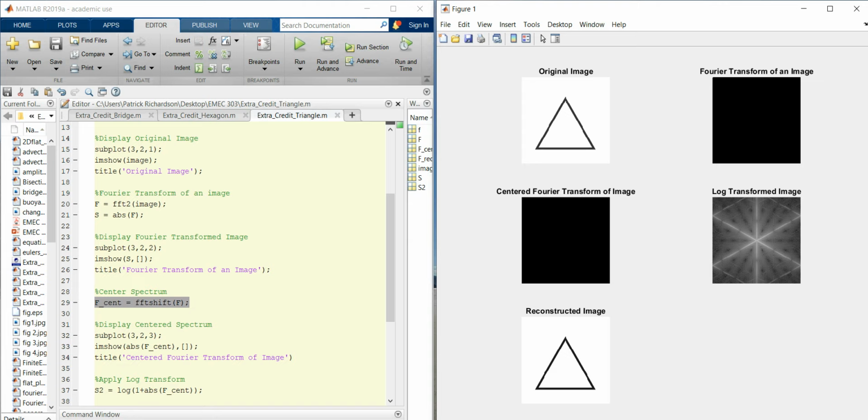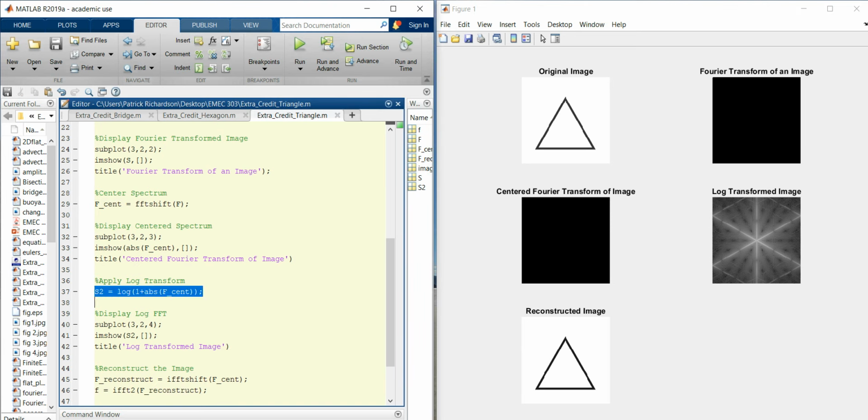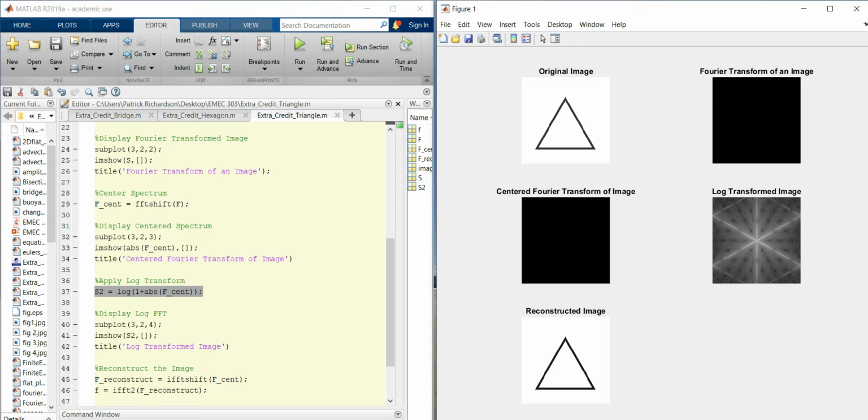Then we get this after plotting. In the code we're going to take the log of it so we can visualize less data, and then analyze it.